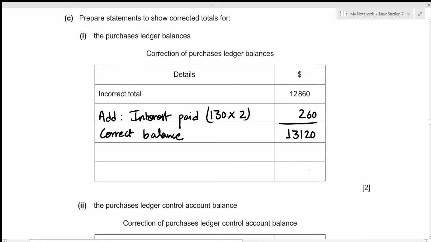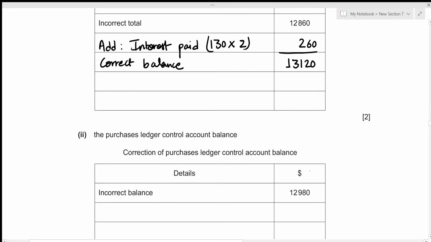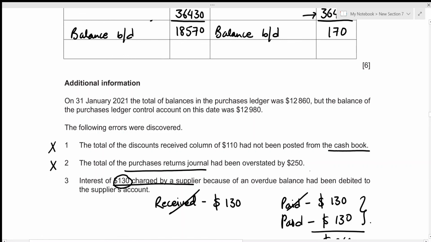Now, for the second part, we need to show the correct total for the purchases ledger control account. We already rectified the third error, but the remaining two errors relate to the purchases ledger control account, because whenever we're talking about the purchases ledger control account, we include the amounts directly from the cash book and the journals. Okay, the first error is that the discount received column of 110 had not been posted.